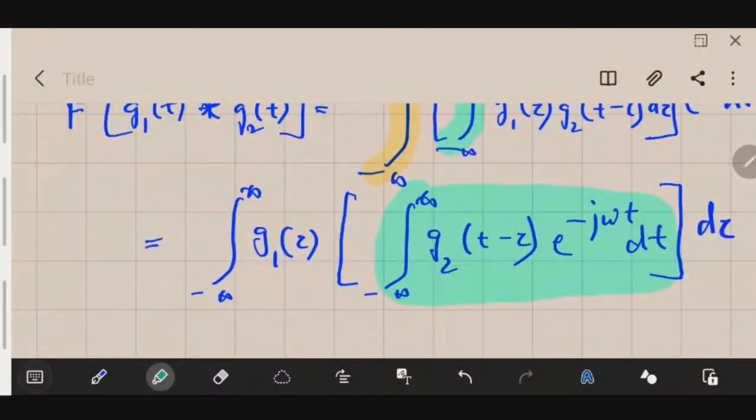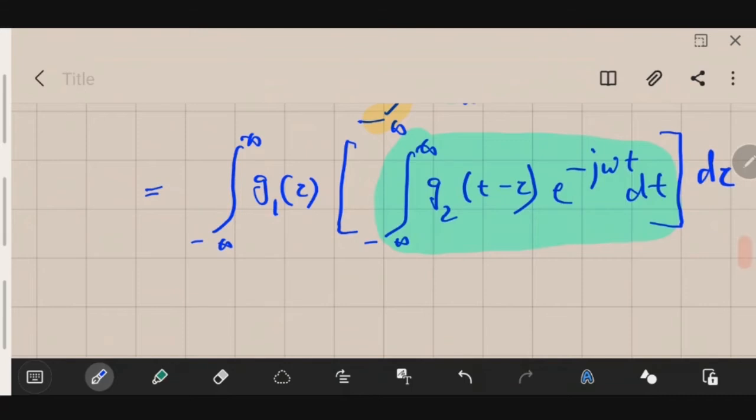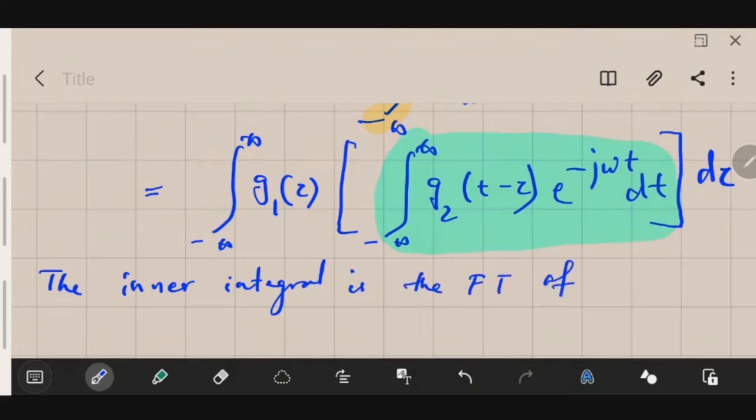If g2 of t has some Fourier transform, g2 of omega, what will be the Fourier transform of g2 of t minus tau? You try to find it out. Let me write it here: the inner integral is the Fourier transform of g2 of t minus tau.